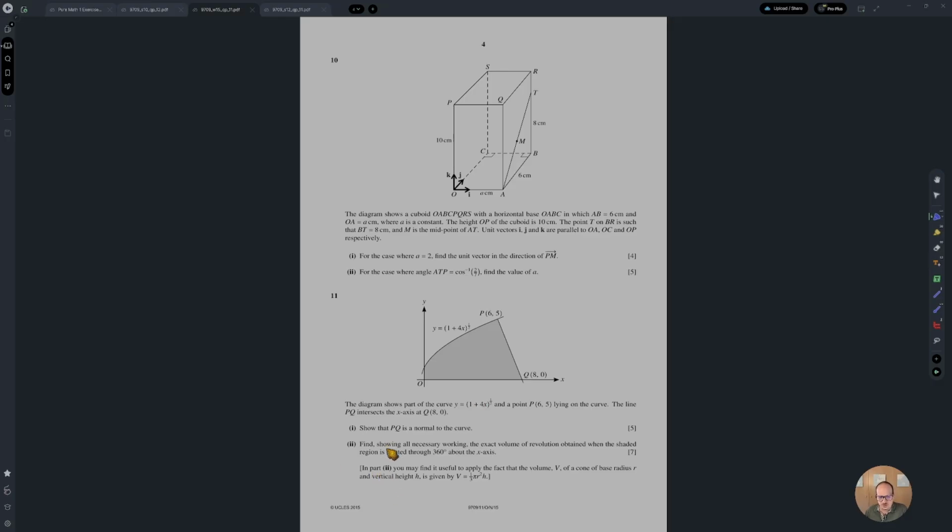Now look at this. In part 2, in this question, you may find it useful to apply the fact that the volume V of a cone of base radius r and vertical height h is given by V equals 1/3 pi r squared h. Now, what does this have to do with that? If you pay attention to the area that you have here, you can think of it as the combination of two sections. This one over here, let me make a line.